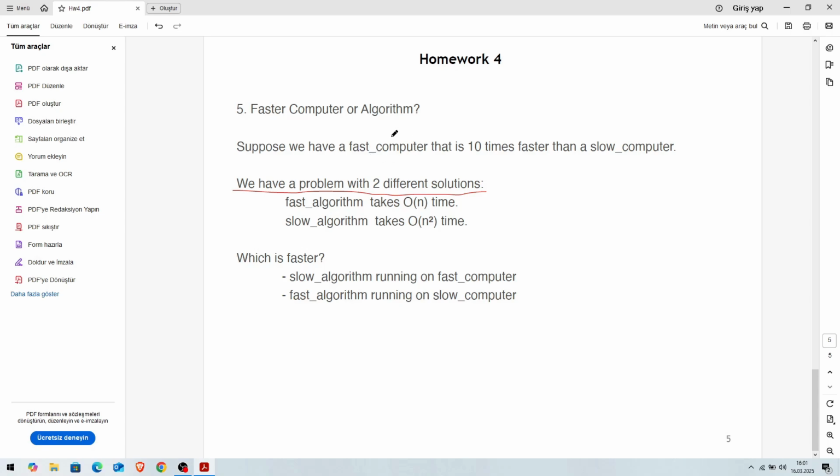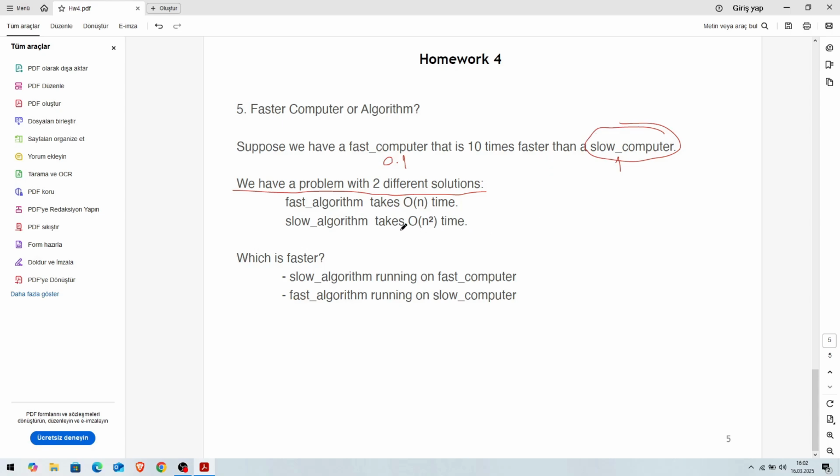We have a faster computer whose time factor is 0.1. It's 10 times faster than a slow computer. So when we multiply 10 with 0.1, it's equal to 1, which is the time factor of our slow computer.